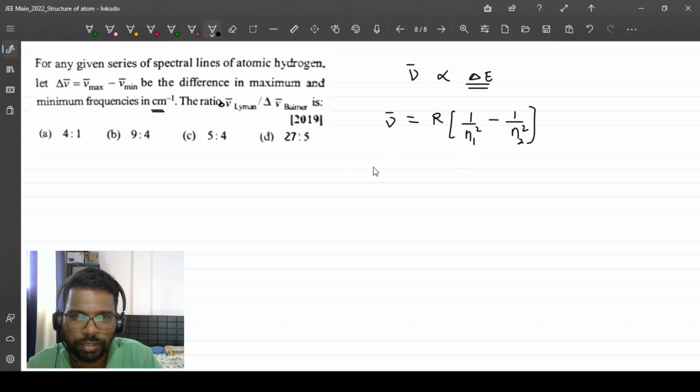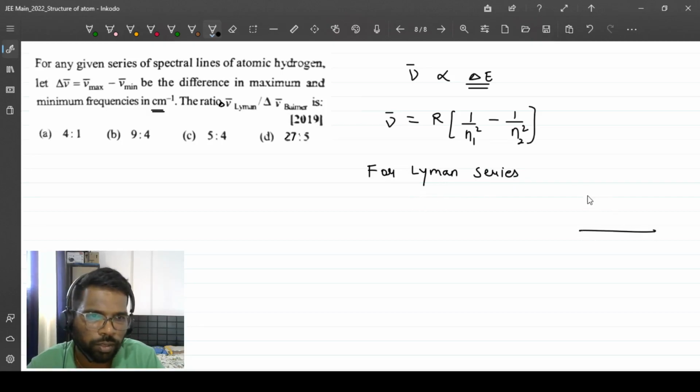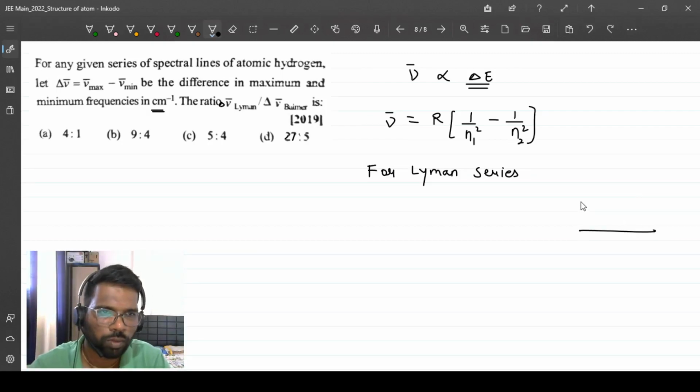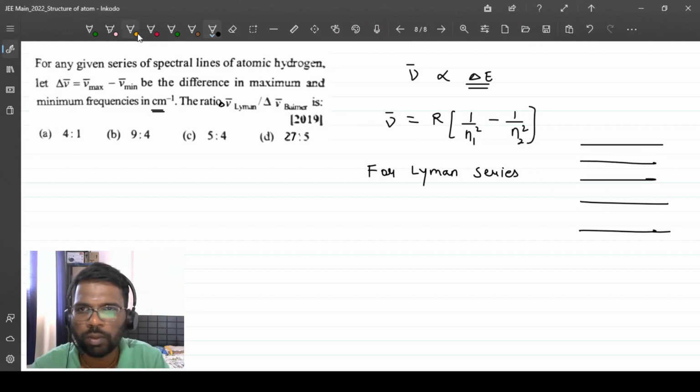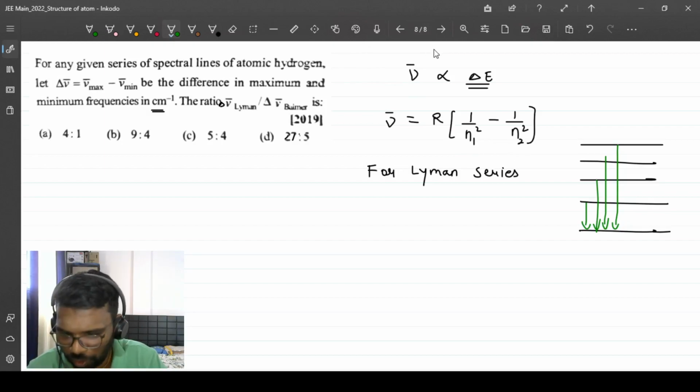So for the Lyman series, like Lyman is this 1, 2, this is what the Lyman is, right? So what is the n1 possible here for the Lyman series?